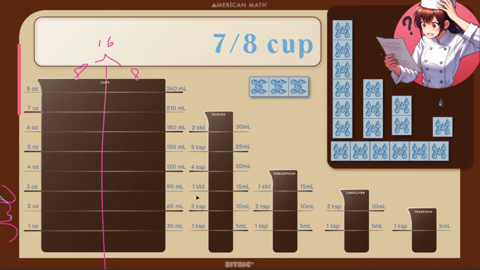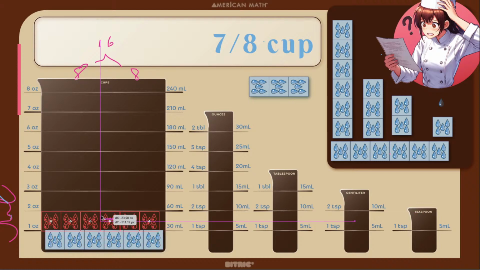We know a cup has 8 ounces. So 1 ounce would be 1/8. We're not cutting it in half right now, so let's just remove that. So now we have 7/8. This is 1/8 because this is 1 ounce out of the 8 possible ounces we can fill.